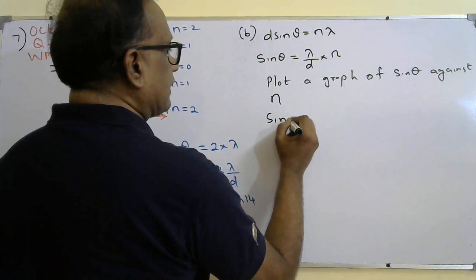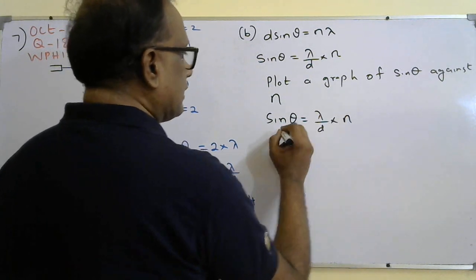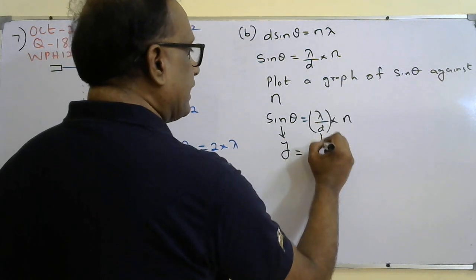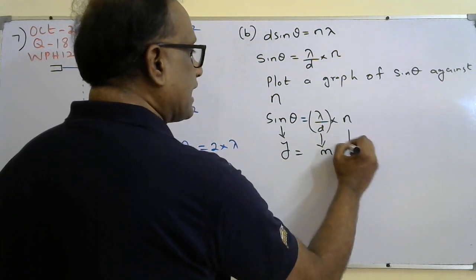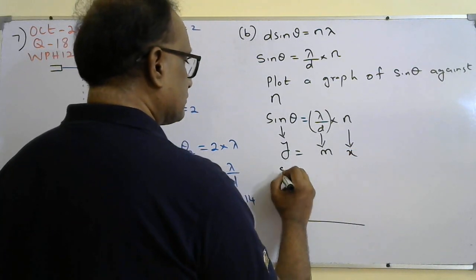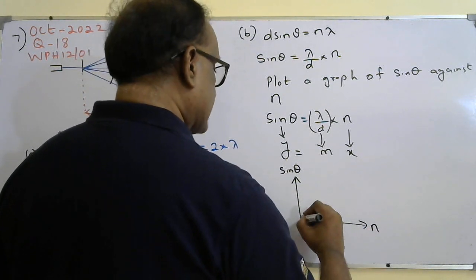So sine theta equals lambda over d into n. This is in the form of y equals m x, where m is the gradient and n is the x-axis. You will get a straight line through the origin.